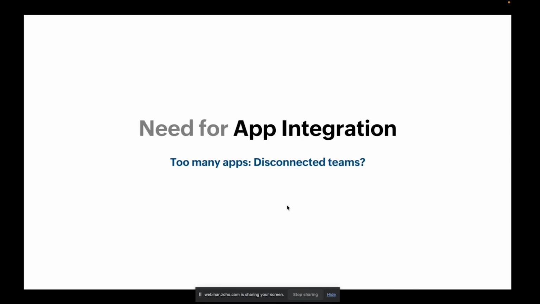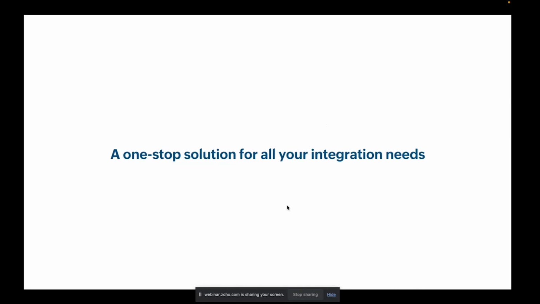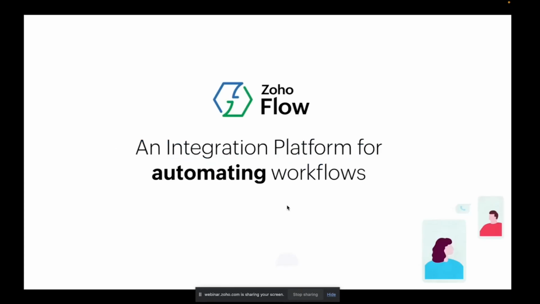So a more comprehensive solution for this problem is to have a complete one-stop solution to integrate all your apps and to replicate your workflows exactly the way it functions in your organization. You need a more complete platform like Zoho Flow, where you can integrate your apps and create automations from them.